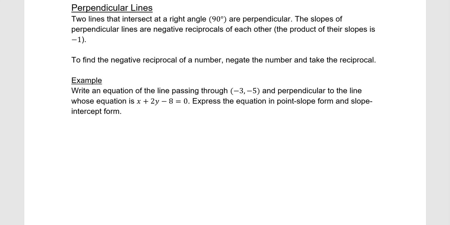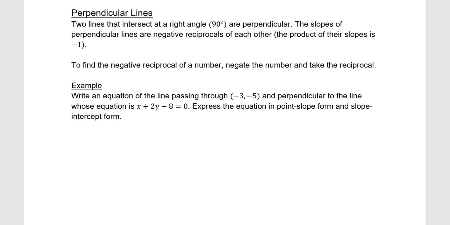Okay, and for the next thing, we have perpendicular lines. So two lines that intersect at a 90-degree angle are called perpendicular lines, and the slopes of perpendicular lines are negative reciprocals of each other. That means the product of their slopes is negative 1.